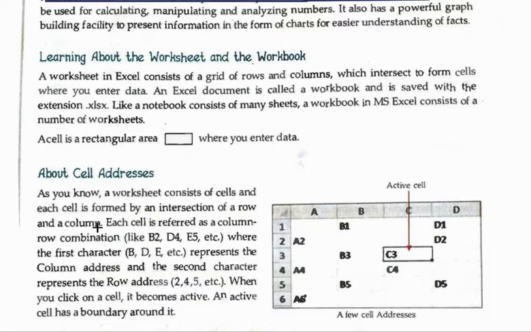Each cell is referred to as a column row combination like B2, D4, E5, etc. Okay, this is the answer.